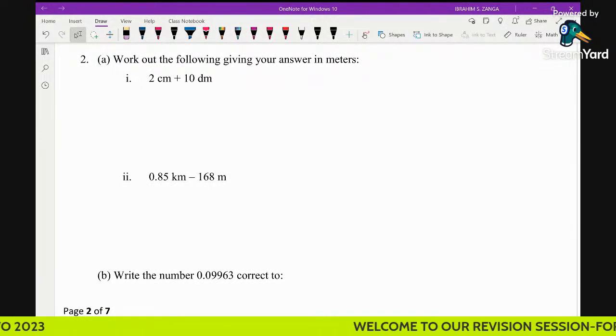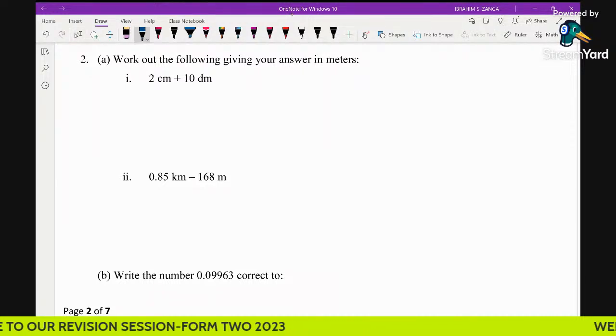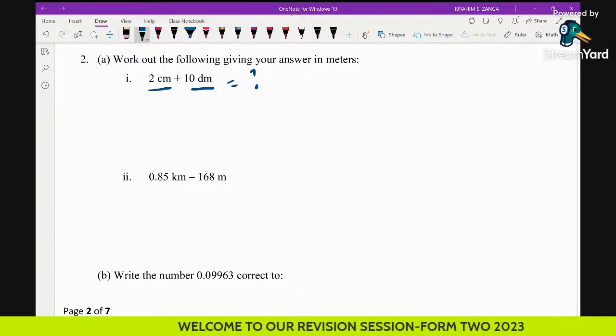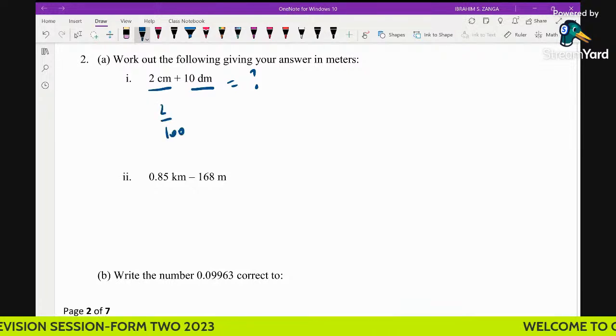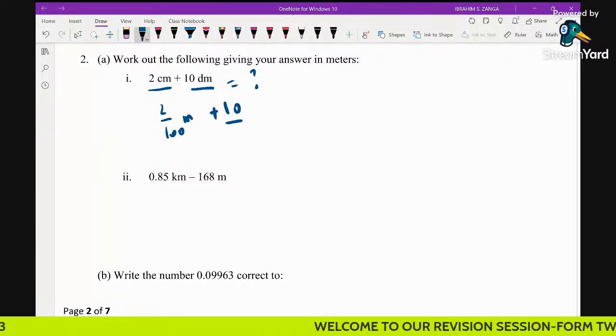Diving into question number 2, work out the following, giving your answer in meters. You have 2 centimeters plus 10 decimeters equals how many meters? I think you have to change 2 centimeters into meters. So it is 2 over 100 meters plus 10 over 10 meters.